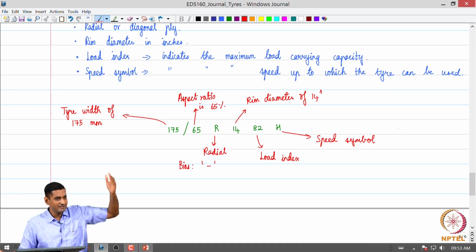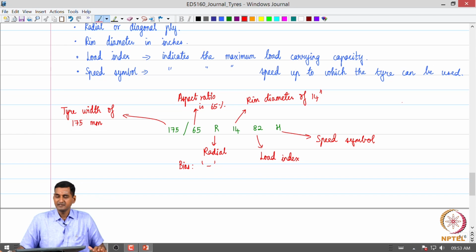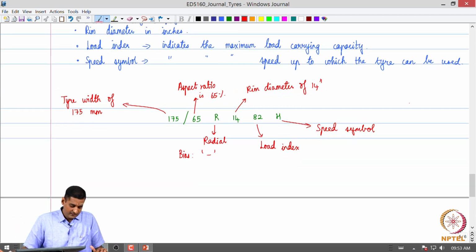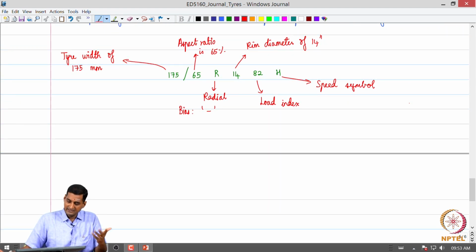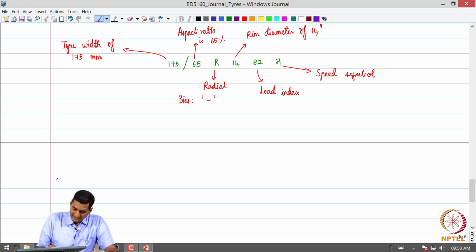So, once again we have a rating in terms of some indicators. These are typical information which we will get. There are other markings found in addition to this, to indicate the vehicle type and the usage type.